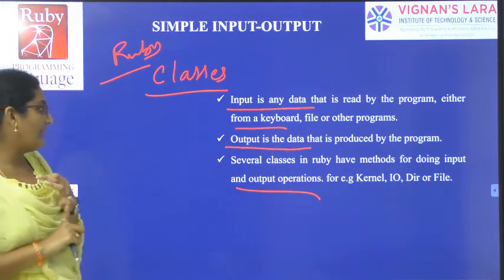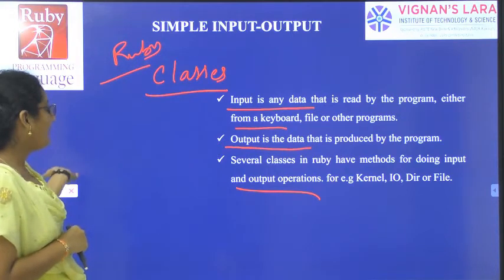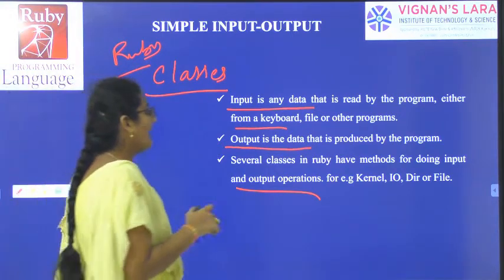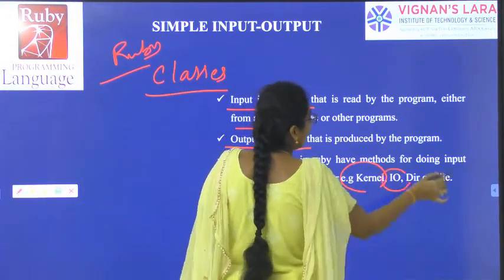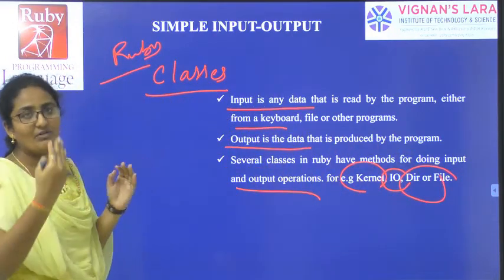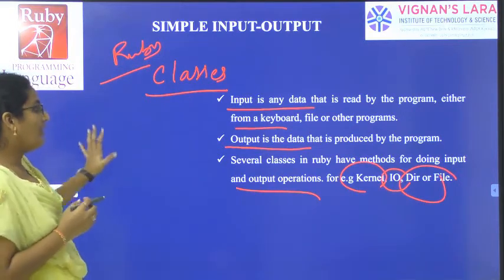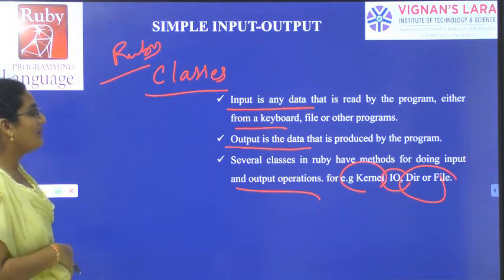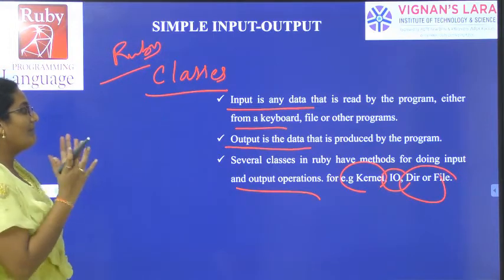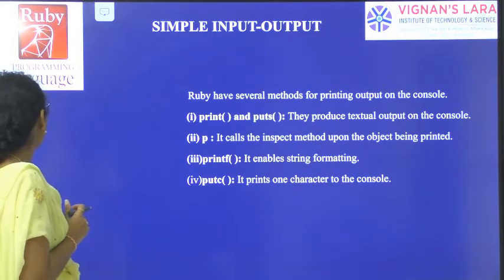For doing input and output operations, we have different classes, for example Kernel, IO, Dir or File. So input is taken from the keyboard or from a program, and output is produced by that program. To do these input and output operations we have different methods and different classes. So let us see what those are.